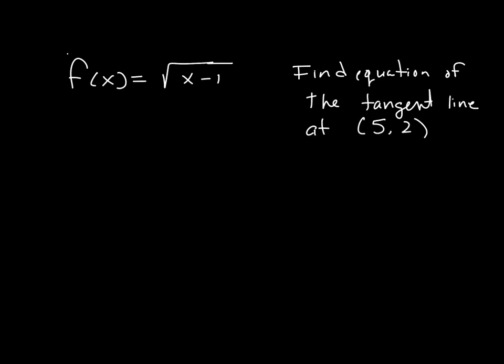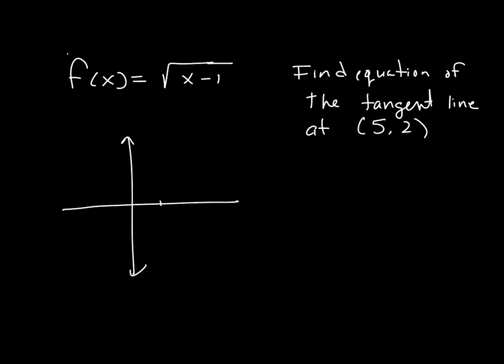All right, let's do one more. So if I have f of x is equal to the square root of x minus 1, I want to, again, find the equation of the tangent line. And this time I'm going to start off with a graph. So I'm going to go ahead and graph the function, the square root of x minus 1.